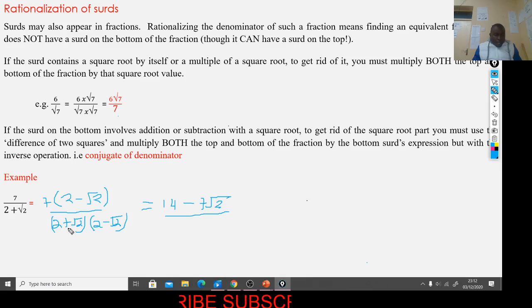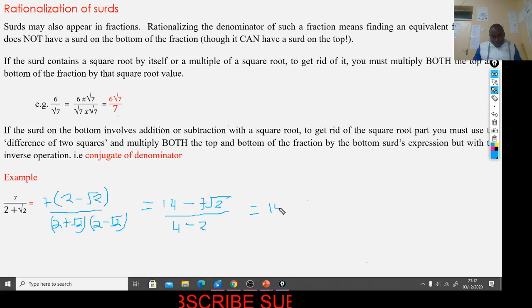We said a plus b into a minus b equals a squared minus b squared. My a is 2 and my b is root 2. A squared is 2 squared, which gives you 4, minus b squared, root 2 squared, which gives you 2, because root a squared equals a.